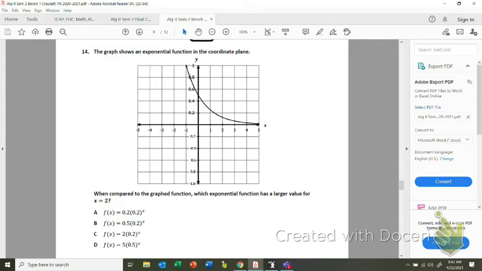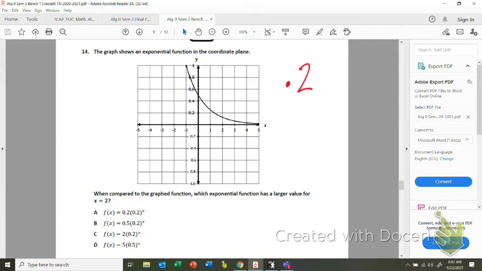Look at your choices. All of them include a what in the exponent? They all include an x. And what did the problem just tell you? x equals what? What can you do with x equals 2? Plug it in and find which number is the largest. So do that for me.